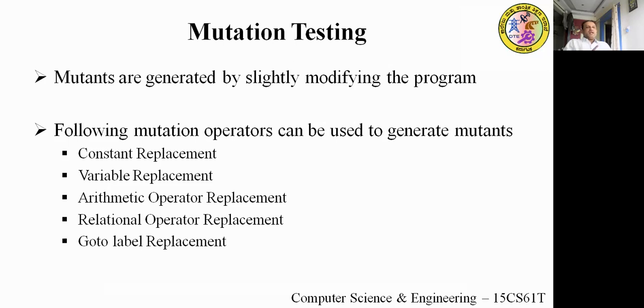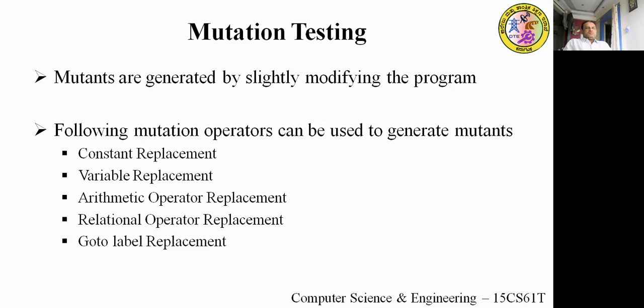So mutation can be done by changing the following mutants. Which are the following mutants? Constant replacement, variable replacement, arithmetic operator replacement, relational operator replacement, and go to label replacement. Mutants are generated by slightly modifying the program.